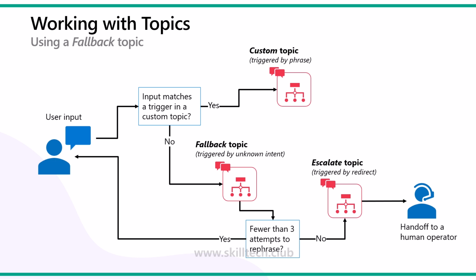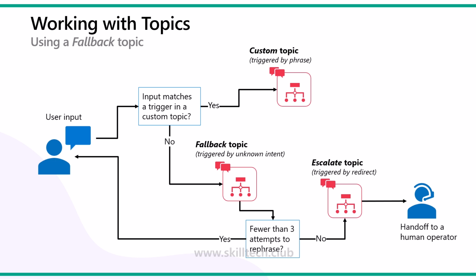The fallback topic is triggered through the unknown intent trigger. The fallback trigger can then ask the user to rephrase their input a reasonable number of times before giving up and redirecting the conversation to the escalate topic. You can see in this slide, it's showing that it's going to give users 3 attempts to rephrase this.